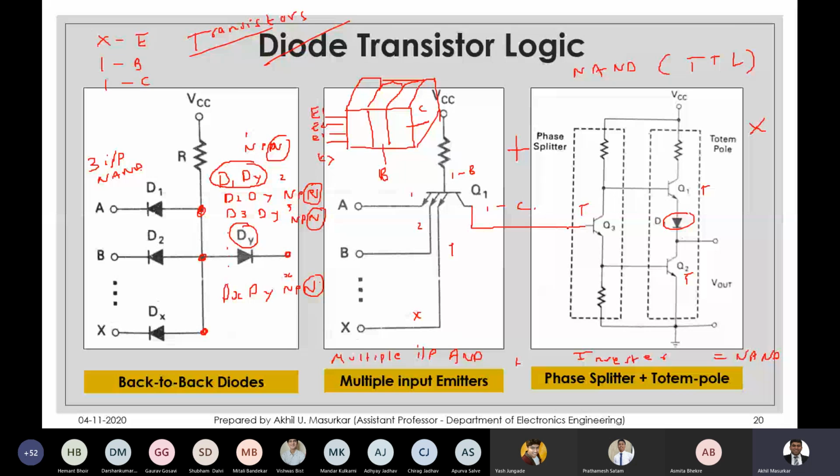And if you want a NOR, then I'll just remove this R from here and put it across here. That will be my NOR. Anyways, you only draw the first two. That's it. The second diagram is the equivalent of the first one.